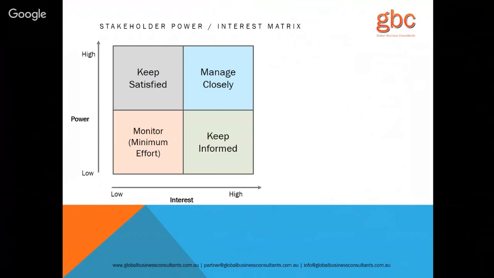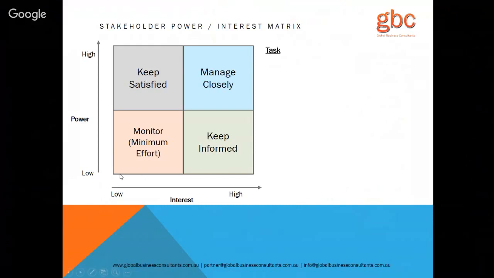After this session, you're going to go into a stakeholder power interest matrix. This is a powerful matrix that basically helps businesses and teams understand who their stakeholders are, and importantly, what type of power the stakeholders have in their functional unit or business unit, and what level of interest they have in the functional unit or process.